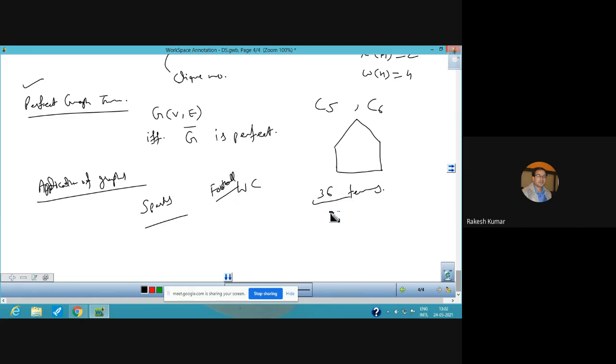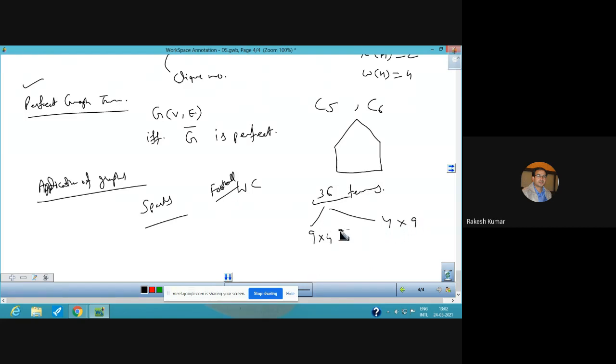36 teams can be divided into groups. Suppose 9 groups have been created, or 4 groups have been created. So 4 groups of 9 teams or 9 groups of 4 teams. So each team will play each of the teams of the other groups.